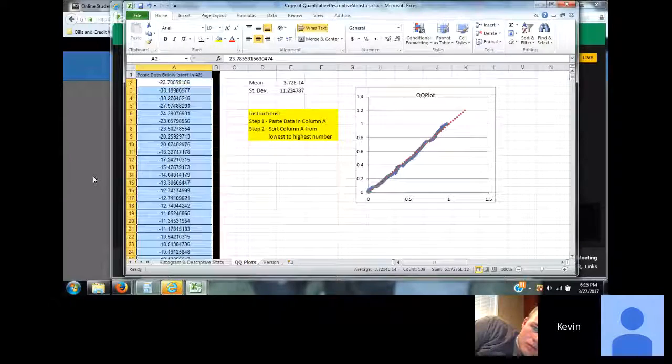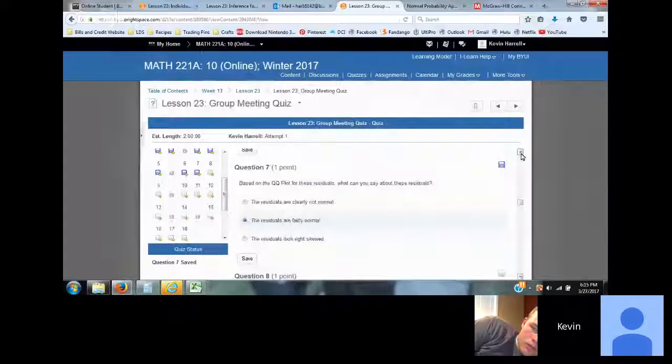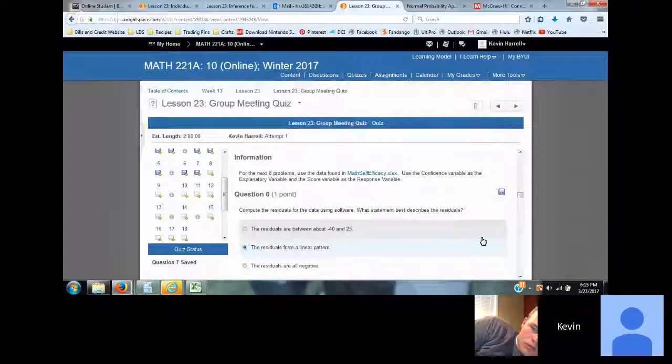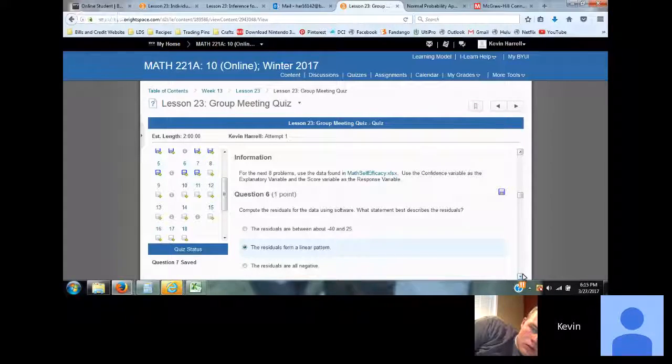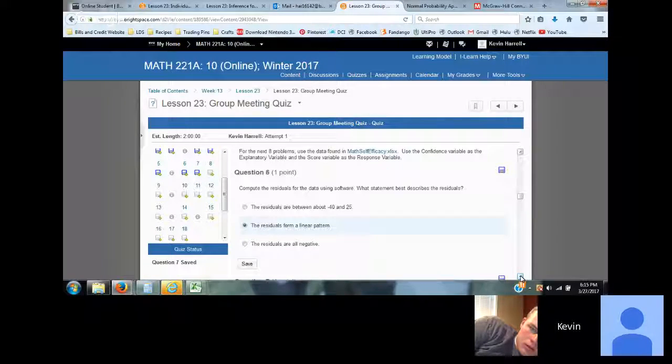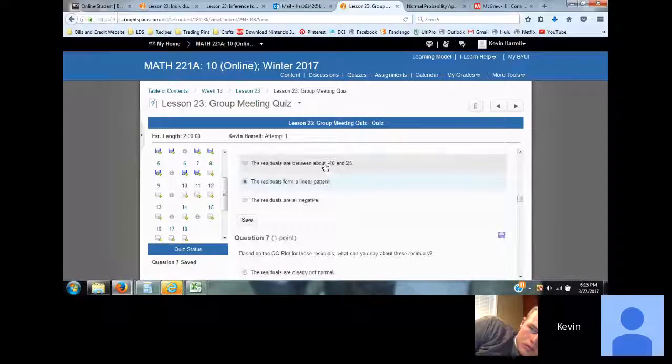You know what's kind of annoying about that previous question is that the residuals are between -40 and 25. I know. It doesn't say anything about a QQ plot though. So I'm almost inclined to change that to the residuals are between -40 and 25.